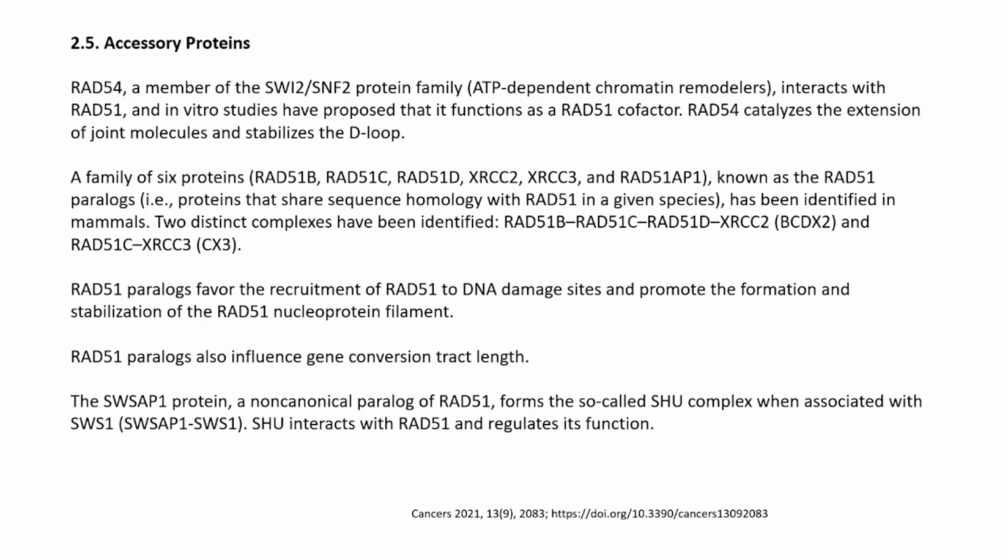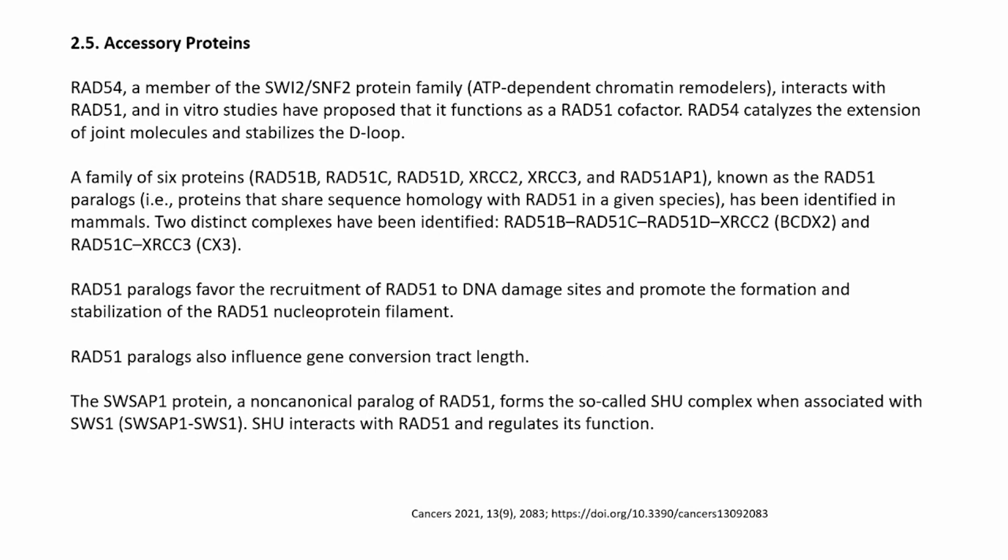A family of 6 proteins, RAD51B, C, D, XRCC2, 3 and RAD51AP1, known as the RAD51 paralogs, which are proteins that share sequence homology with RAD51 in a given species, have been identified in mammals. 2 distinct complexes have been identified, RAD51B, C, D, XRCC2 and RAD51C XRCC3.